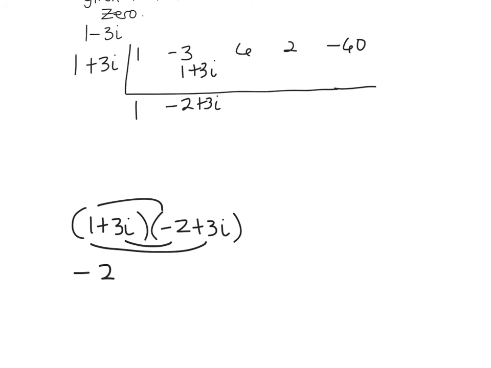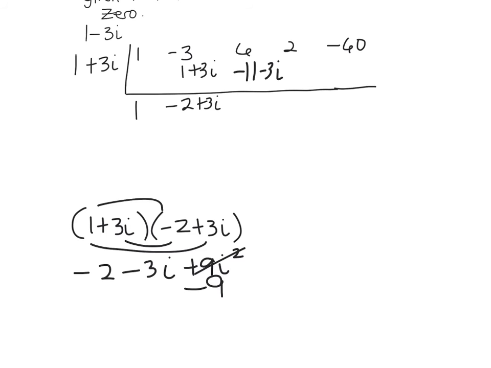Either way, it doesn't matter whether you combine those at once or write it all out. So 3 minus 6 gives me negative 3i. And then my last term is 9i squared, which is negative 9. Negative 2 and negative 9 give me negative 11 minus 3i.